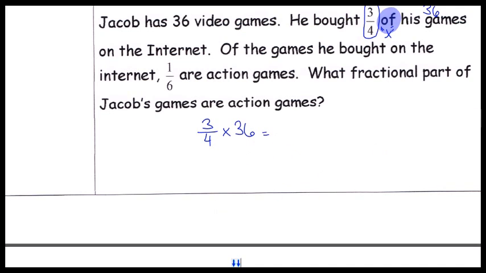Okay? Now here's something that you haven't seen yet in these notes. And that's when you multiply a fraction times a whole number. Okay? Let me ask you a question. What is 2 divided by 1? 2, right? What is 5 divided by 1? 5. Okay? Good job.